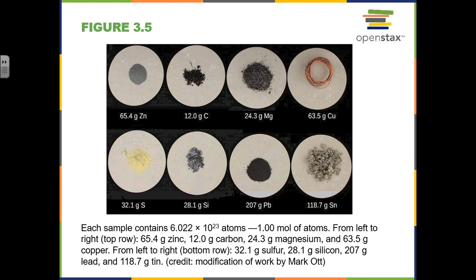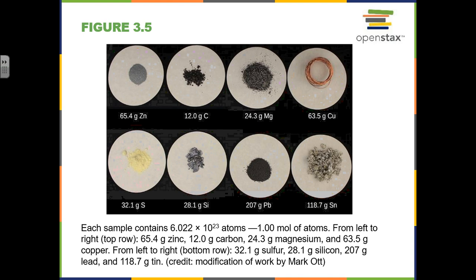What you'll notice is that while each represents 1 mole of substance, they have a different actual amount of substance present. Meaning, it's 1 mole, a count of 6.022 times 10 to the 23rd atoms, but because some atoms are larger than others, the amount of represented compound is different.